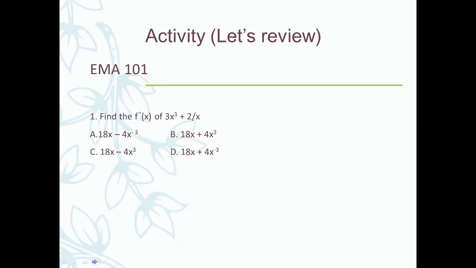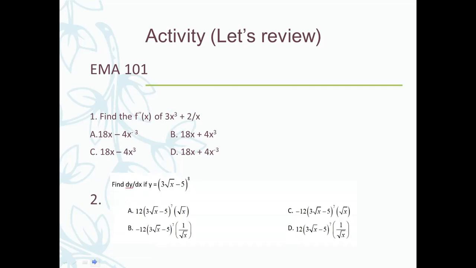Okay, so for now, we'll start with these two items. Number one asks for the second derivative of 3x cubed plus 2 over x. Number two asks for the derivative of the quantity 3 square root of x minus 5 raised to 8. So let's see if you still recall your differentiation techniques.